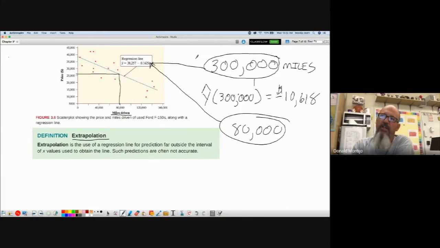In other words, it's telling us that's the starting value of the truck, or the price of a new truck. That's really what the y-intercept is. The y-intercept is telling us the starting value: when X is 0, what does Y equal? And the slope is telling us the rate of change. We'll get more into that here in a moment.